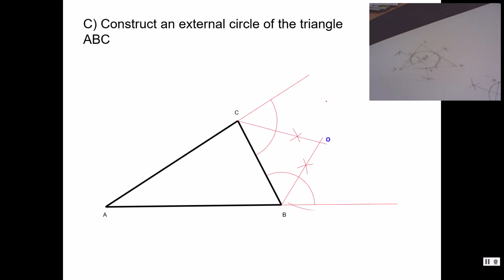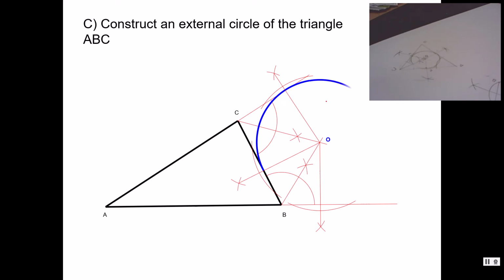You get the point O. If you notice, all the steps start by finding the center point of the circle first, and after that we try to find the points where the circle will touch.